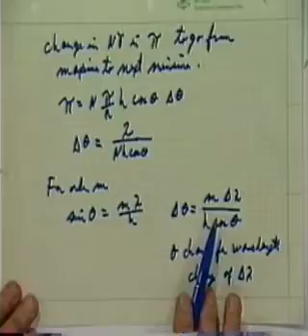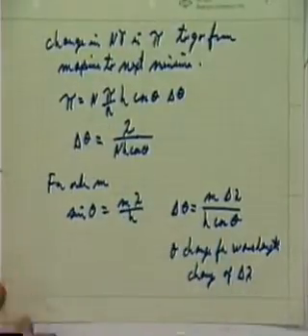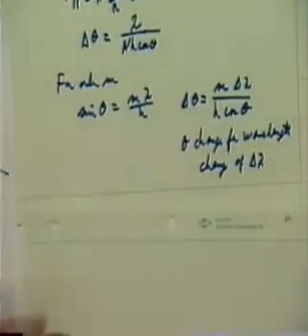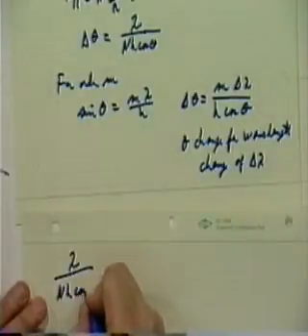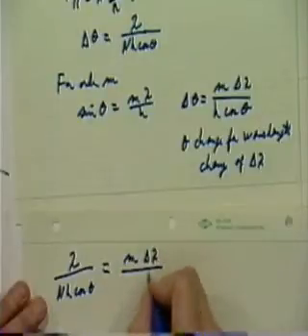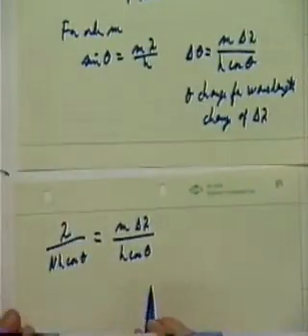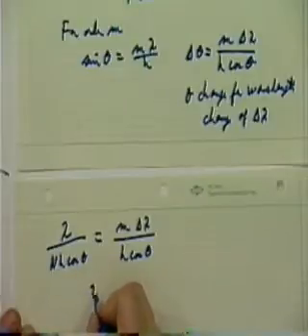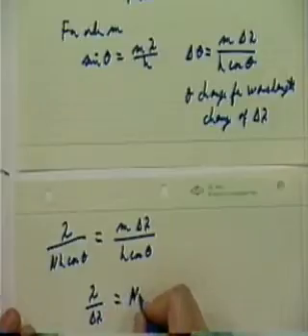So what we're going to do is to set these two equal here. And so we have lambda over n h cosine theta is m delta lambda over h cosine theta. And lambda over delta lambda then is n times m.